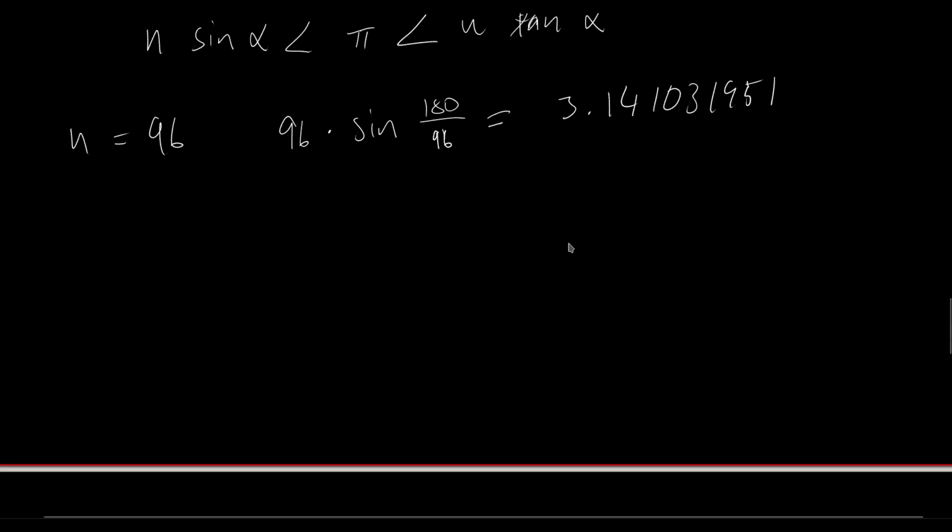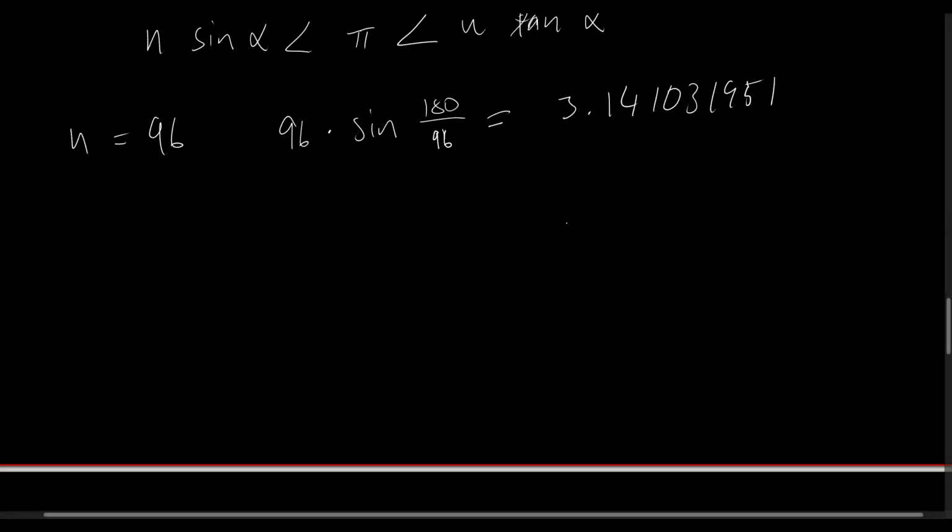Okay. Now, this value for n equals 96, even for the lower bound, will differ from Archimedes' value that he got of 310 over 71, because of course he used approximations of the ratio, the cotangent value, so it'll differ a little bit. But say we use n equals 100,000, right?